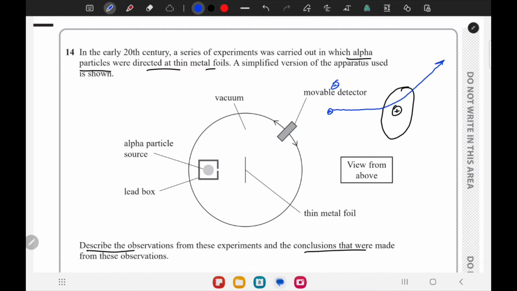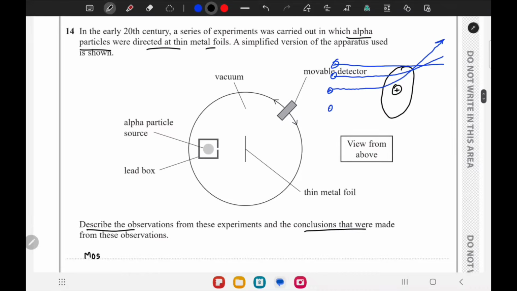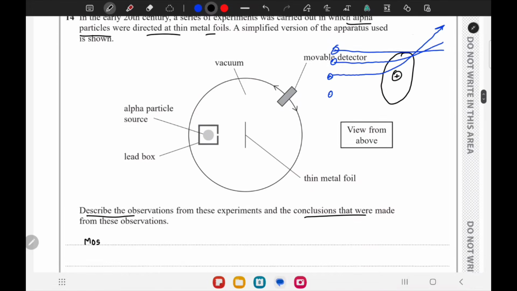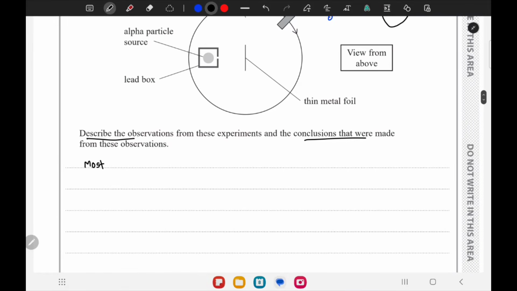However, if it's far away, this will go straight through, or bend just a little. Since the nucleus is very small compared to the size of the atom, most of it will go straight through. So we write that at first: most alpha particles went straight through.